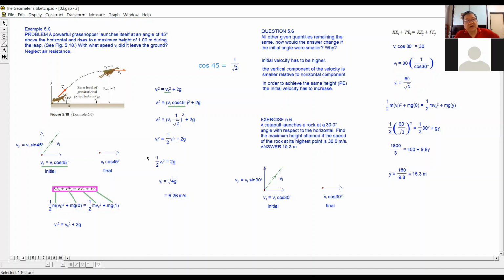We think of it this way: the total mechanical energy before is the same as the total mechanical energy after. Before, half mv squared plus mg0. After, half mvx squared plus mgh. So we're going to solve this equation and get the initial velocity. Any questions so far?